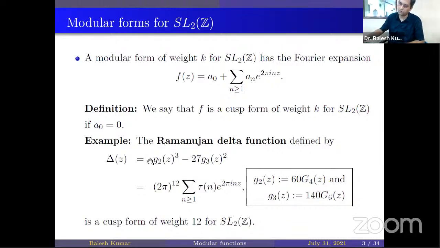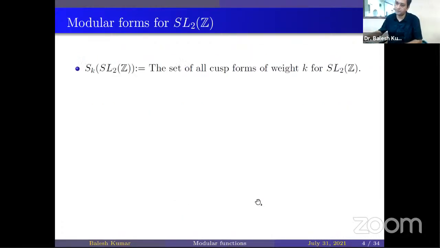G2 corresponds to the Eisenstein series of weight 4, and G3 corresponds to the Eisenstein series of weight 6. They are scaled and contain certain factors 60 and 140. It turns out to be a cusp form of weight 12 for the full modular group.